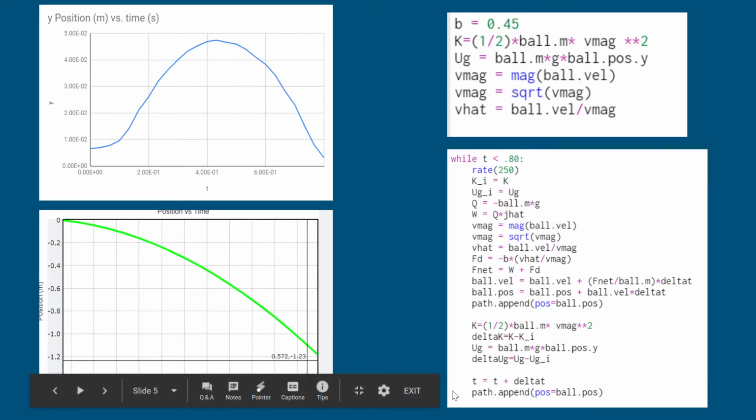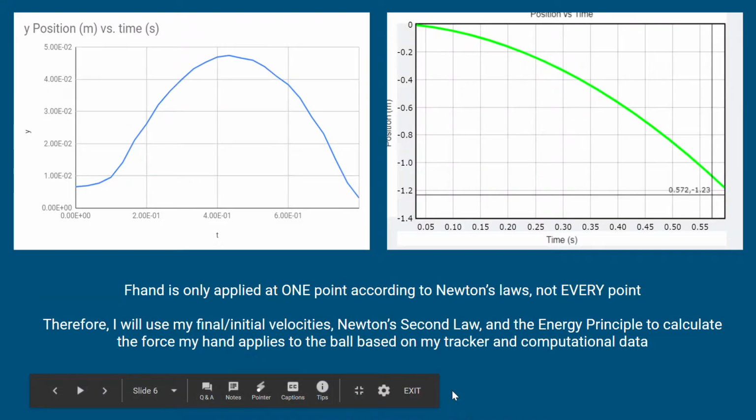So I now discovered that F hand is only applied, like I said, at one point, and I instead decided to track my data in the decreasing motion in order to get two similar graphs. I edited my code to do that by including the new initial time and the new initial velocity.